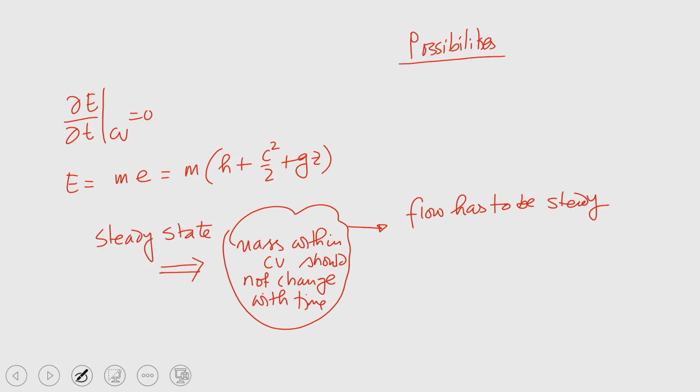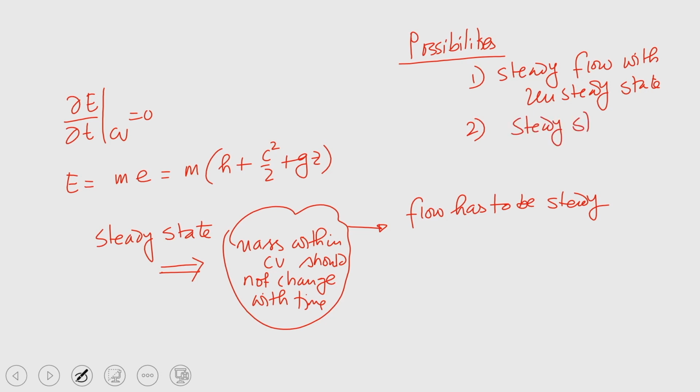What are the possibilities? Number 1 is steady flow with unsteady state. Number 2, steady state with unsteady flow.